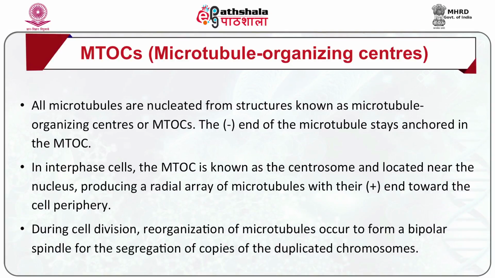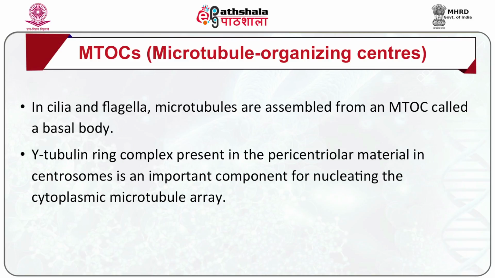During cell division, reorganization of microtubules occurs to form a bipolar spindle for the segregation of copies of the duplicated chromosome. In cilia and flagella, microtubules are assembled from an MTOC called a basal body.